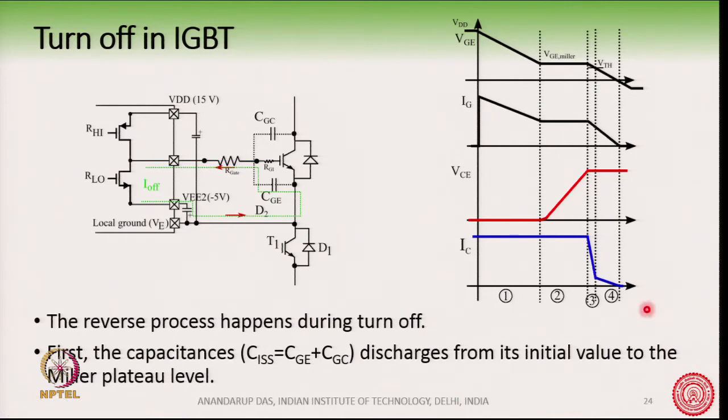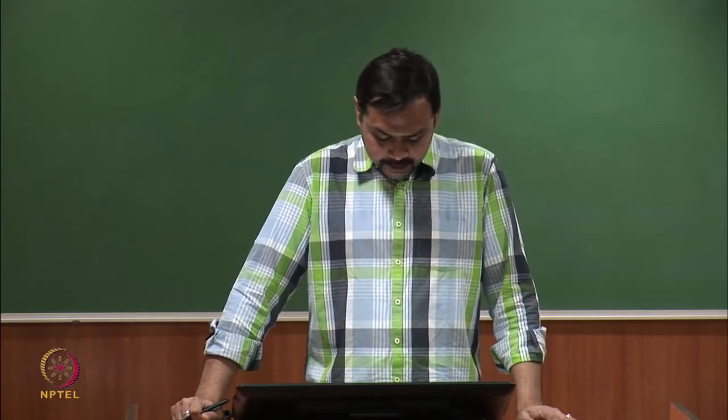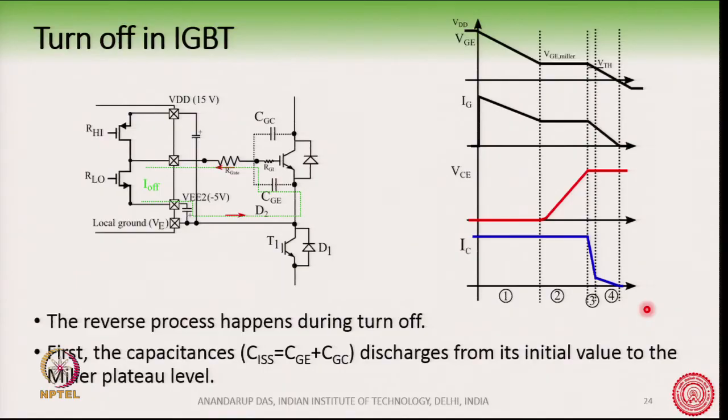Now, the turn off process is the other process. Of course, the turn off process is an exact replica, but in a reverse fashion. At first, these two capacitances are discharging from their initial value.